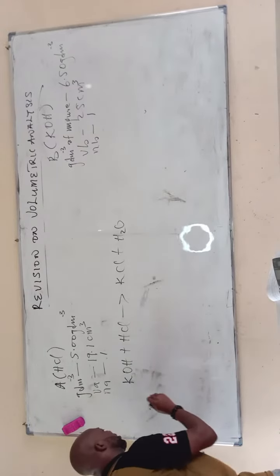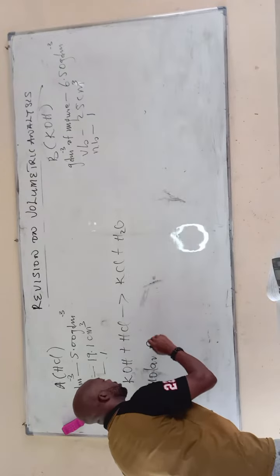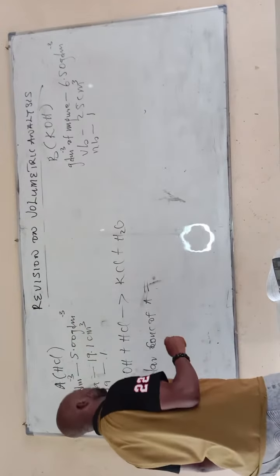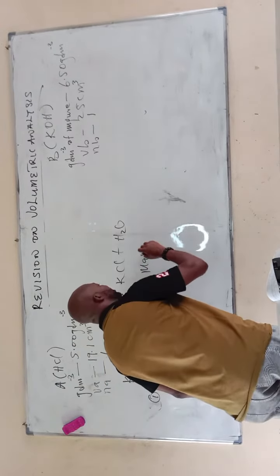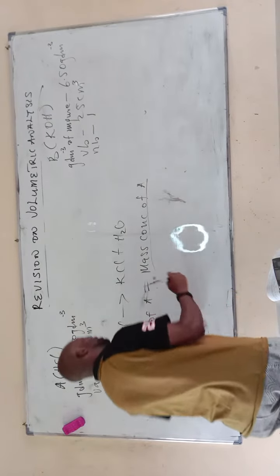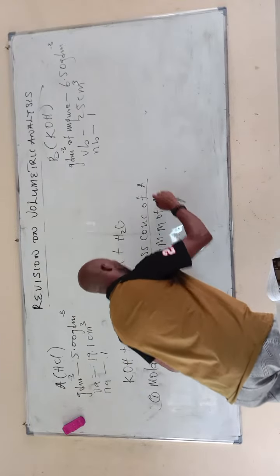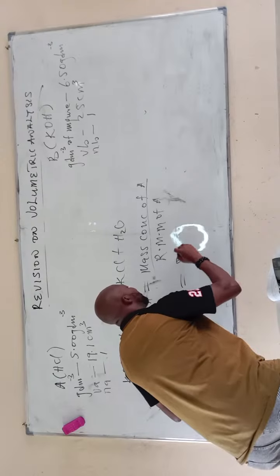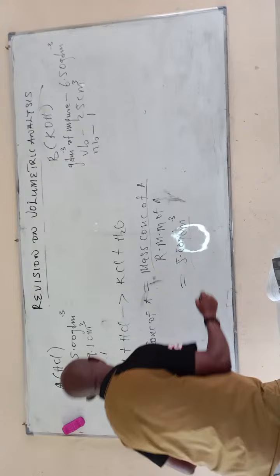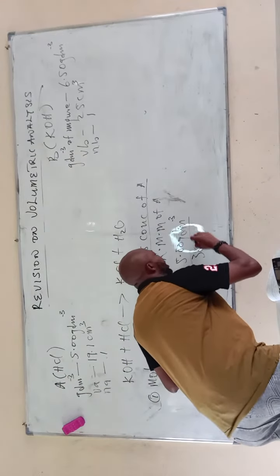So let's come down. The molar concentration of A can be gotten by using the mass concentration of A over the relative molecular mass of A. The mass concentration is given to be 5.00 g/dm³, and the relative molecular mass of A is 36.5 g/mol.